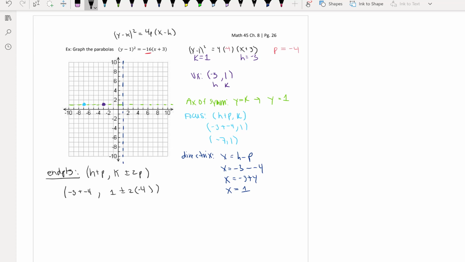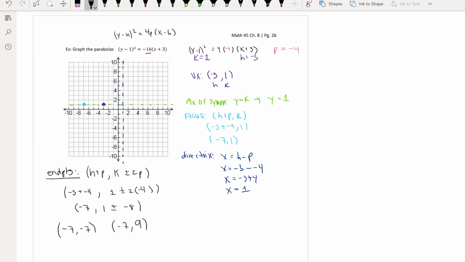So I have -3 plus -4, which is a -7. And I have 1 plus or minus -8. So if I do 1 plus -8, that would give me -7. If I do 1 minus -8, that would give me a +9.